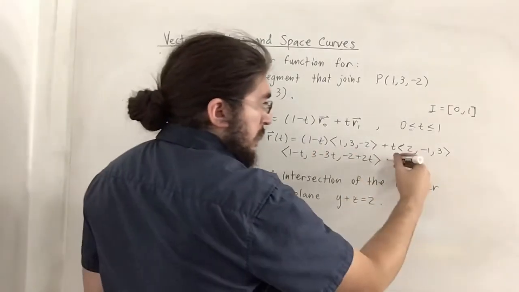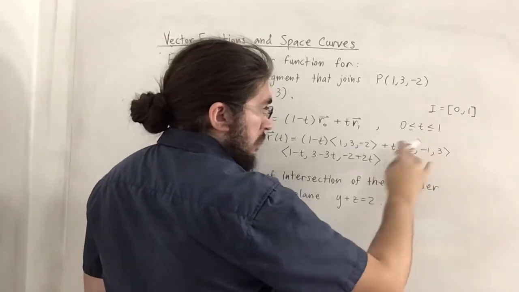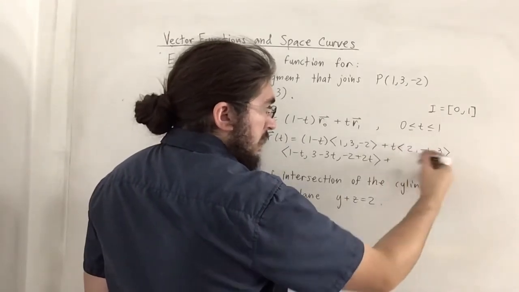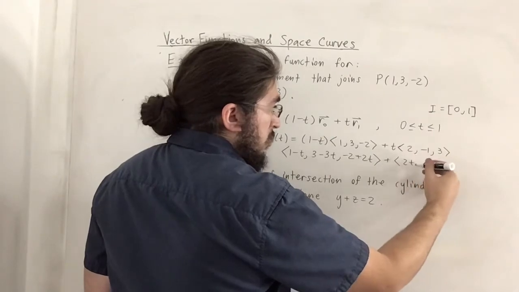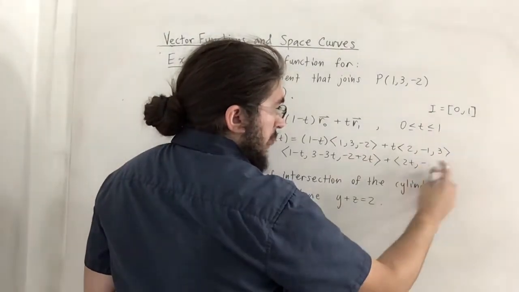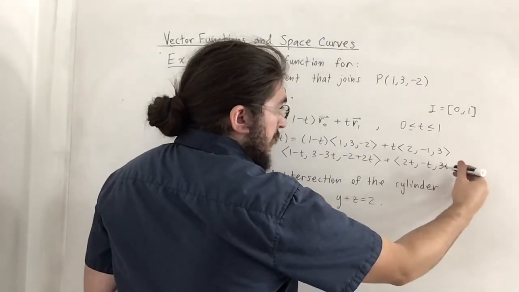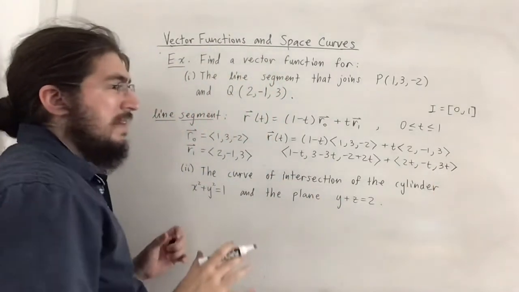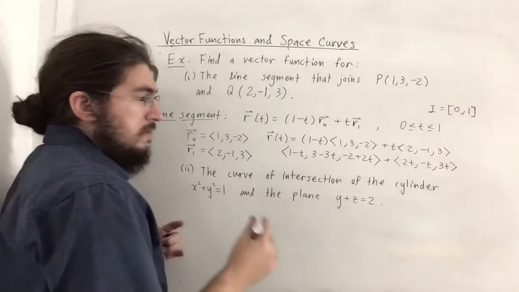Similarly over here, if we distribute this, or scale this multiplication of the scalar t to this vector, we get 2t minus t, or negative t, and then 3t. So now finally, we can add these and then we'll get a nice closed form.